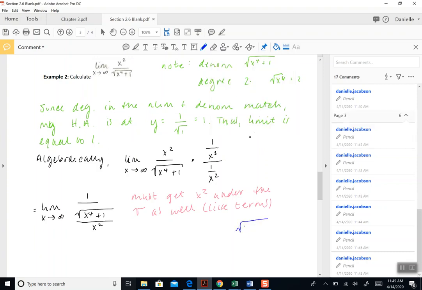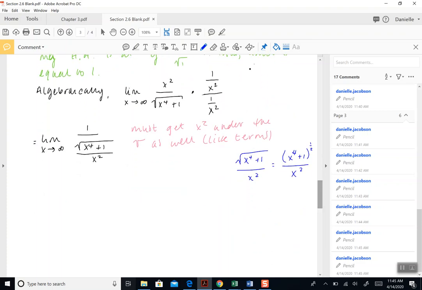If we have root x to the fourth plus 1 over x squared, this is the same as x to the fourth plus 1 to the 1/2, since a square root is the same as raising something to the 1/2, over x squared. Notice here that your exponents do not match, so you can't just push these things together.